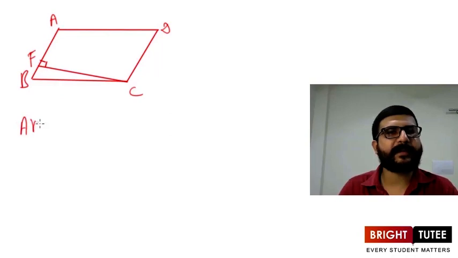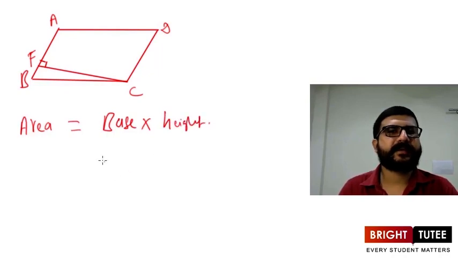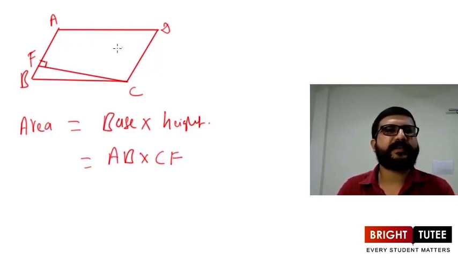So what will be area of parallelogram ABCD? Area of parallelogram ABCD will be equal to, as we know, base into height. Now here base is AB and height is CF. So it means area is equal to AB into CF. So we can consider any side as a base of the parallelogram.